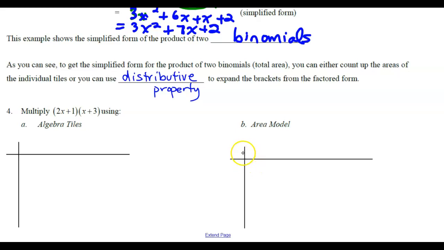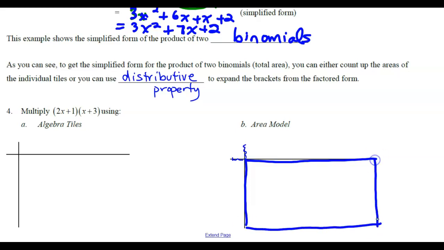So in the area model, I kind of erase these parts. I just want the rectangle. So I draw my rectangle. Okay. And then I'll have 2x plus 1 here and x plus 3 here. Okay. Now, what you might want to do is separate that a little bit.